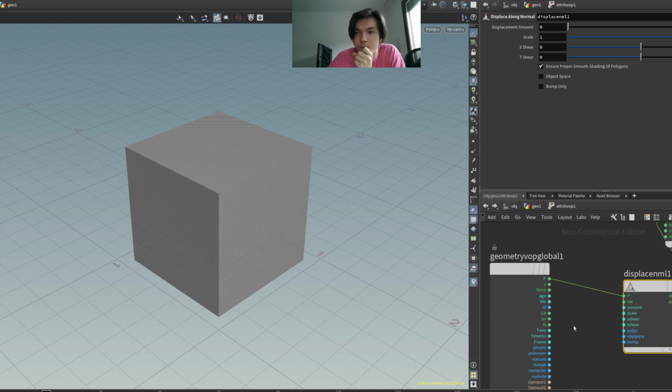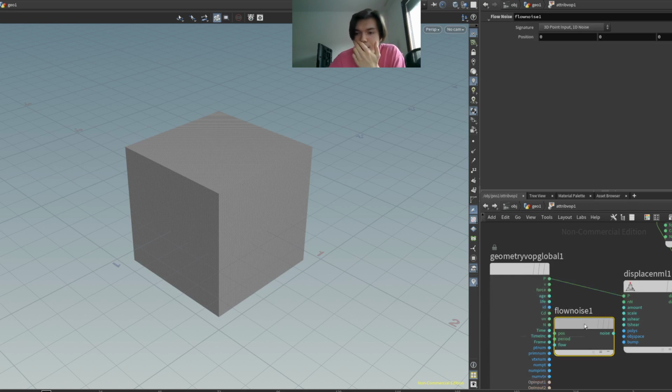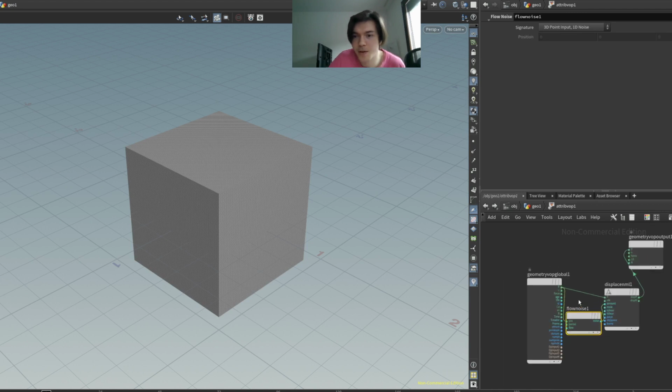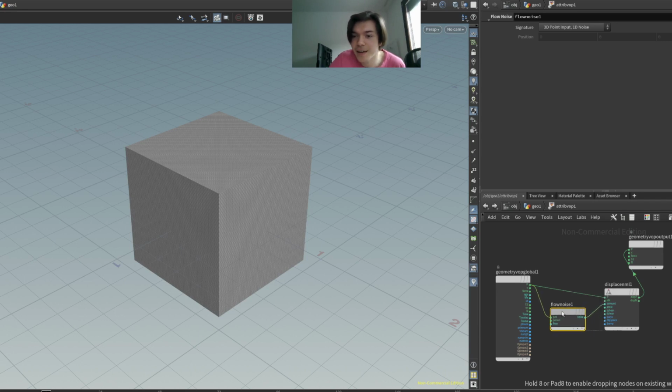I would like to have a flow noise. So what can I plug in there? What if we just do this? Can I do something then? Is something happening there? No, not really. Maybe noise, maybe we use turbulent noise, something.